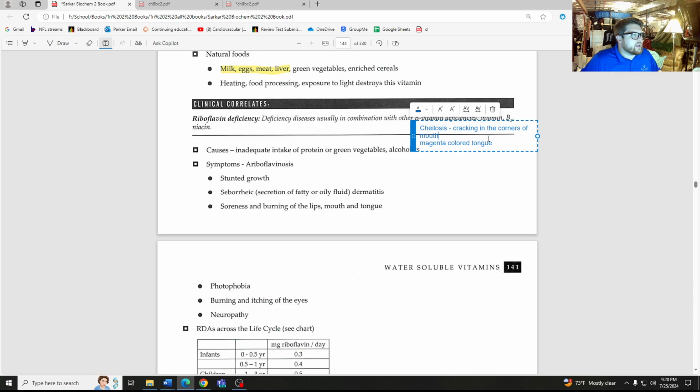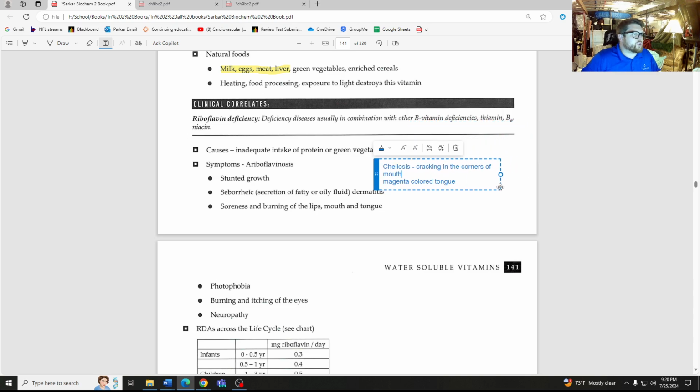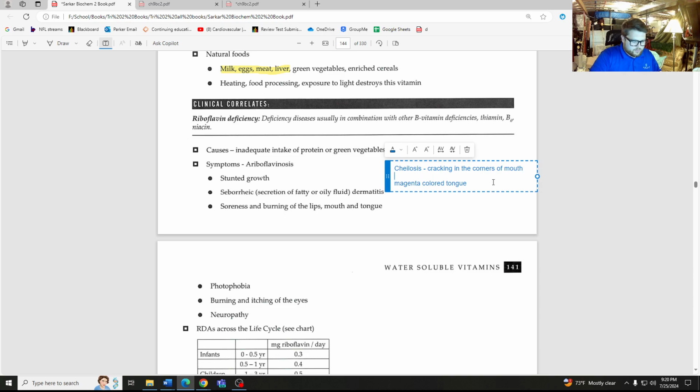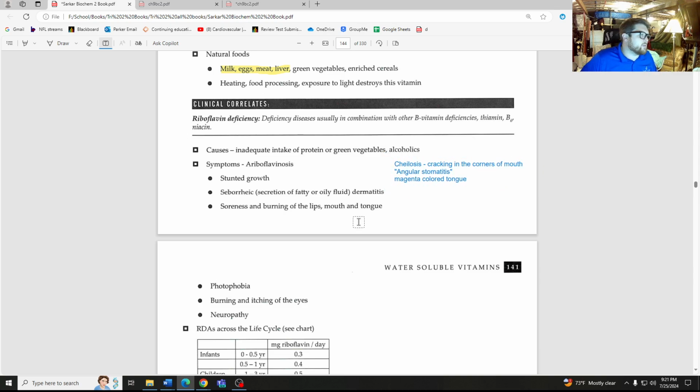And this for sure, 100% on boards. Definitely tested on. Another technical term for cheilosis is angular stomatitis. Again, you don't need to know all of this. I'm just going to introduce these words to you now, so you see them for the first time.